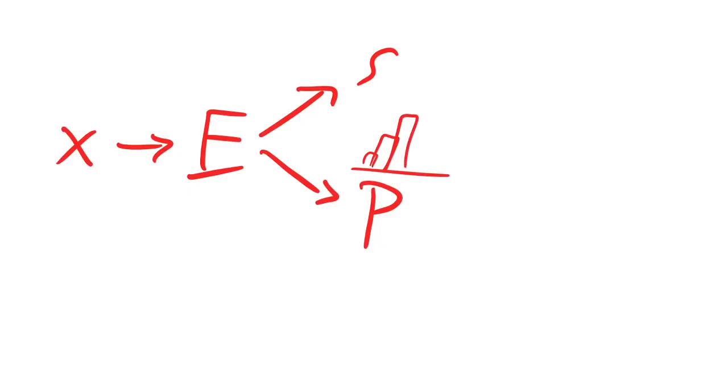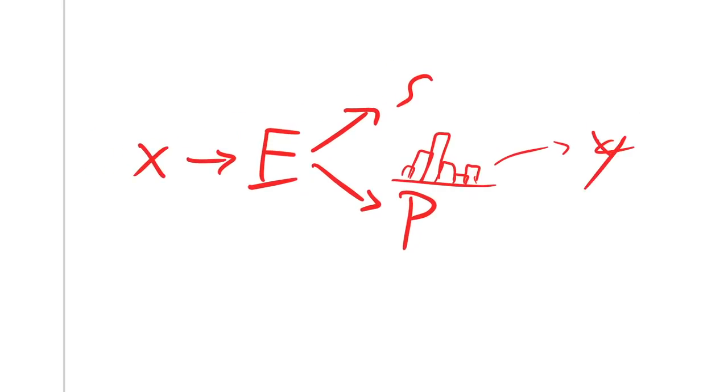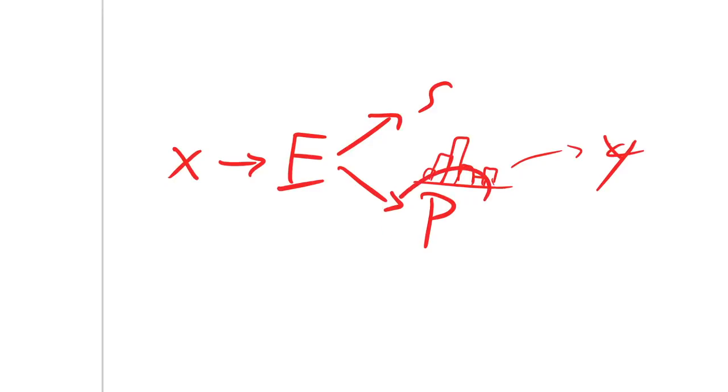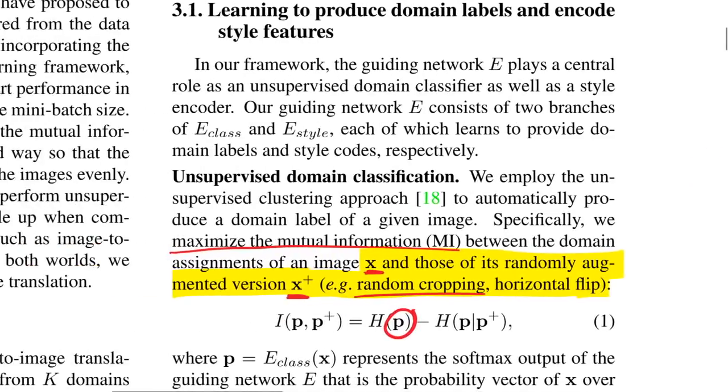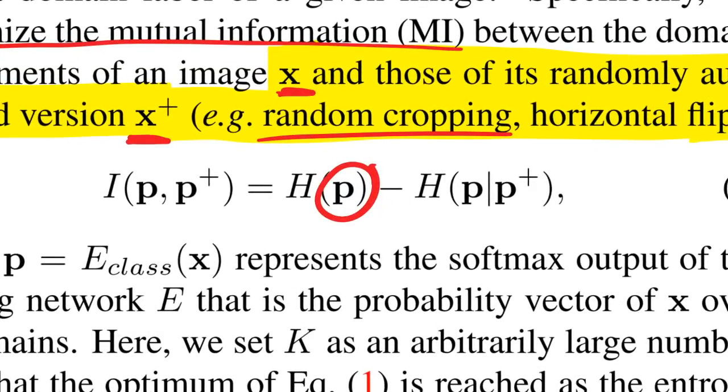All right, so this is going to be like a histogram, or maybe the logits, so it's going to be a histogram over classes from which we're going to sample the label C or L or whatnot, Y hat, Y. But the P is the distribution over output classes. So since we don't have a label, we can't train the distribution like in a supervised way.